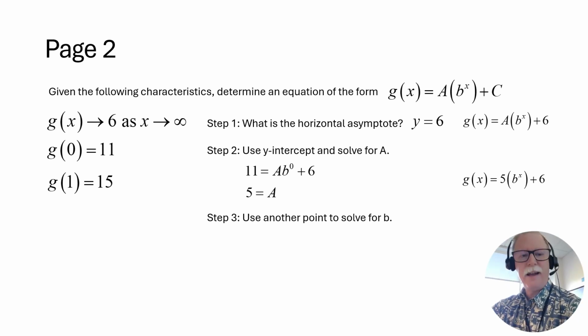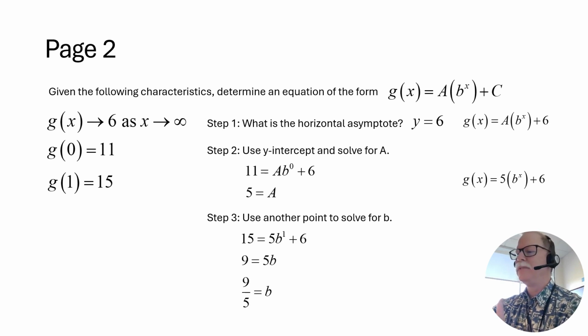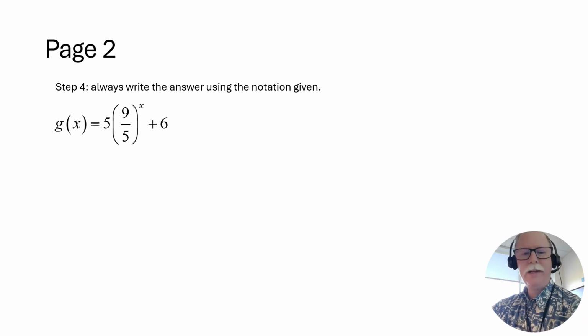And then we're going to take another point and solve for the base b. Plug those values in, solve for the base b. Write the equation in the given form. When you've got a complicated fraction like that, always put the base in parentheses and the exponent on the outside.